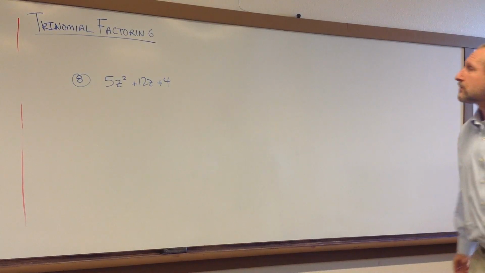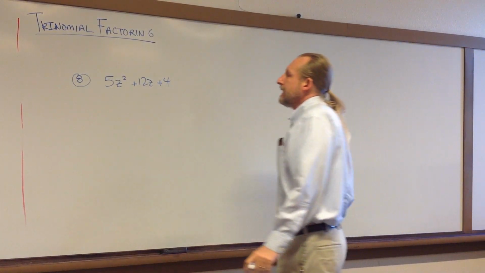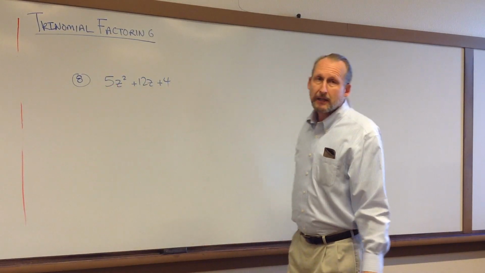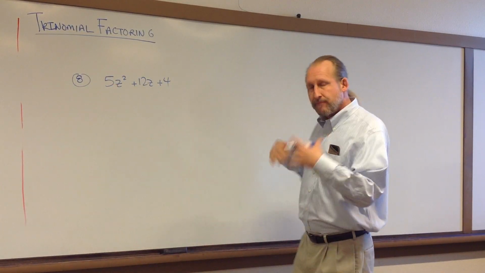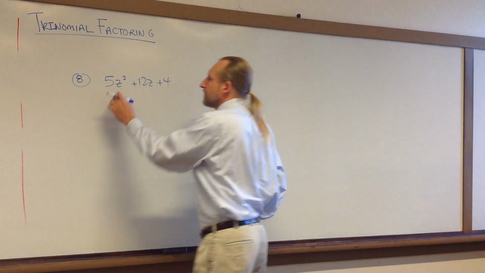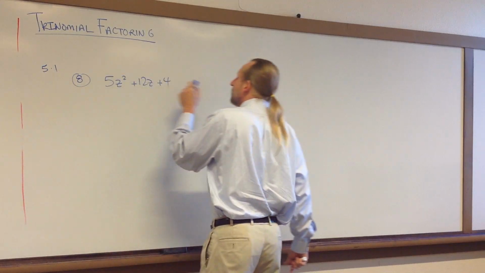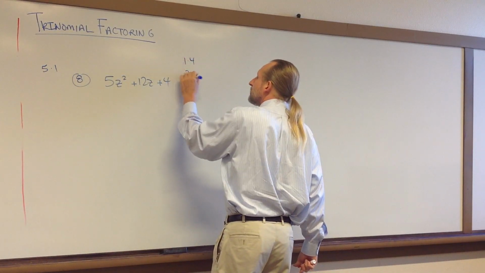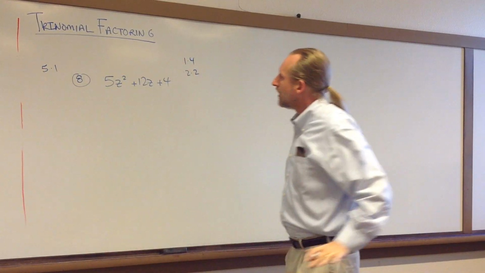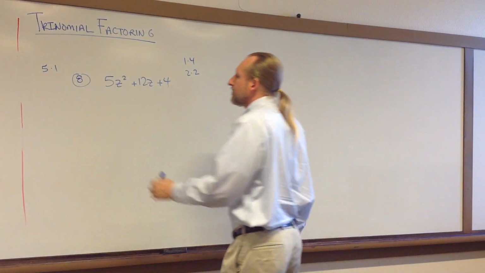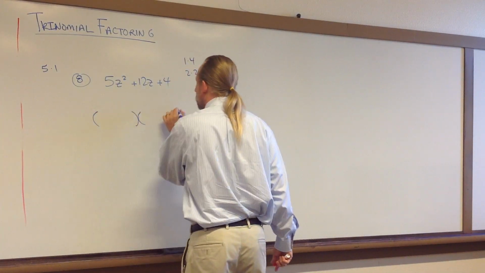All right, so one of the keys here is to look at the front number and the back number, and determine what are the factors for these. The factors of the 5 are 5 times 1. Factors of the 4, 1 times 4 and 2 times 2. So those are our choices. Those are the factor pairs we're going to be drawing from to try to solve this problem.